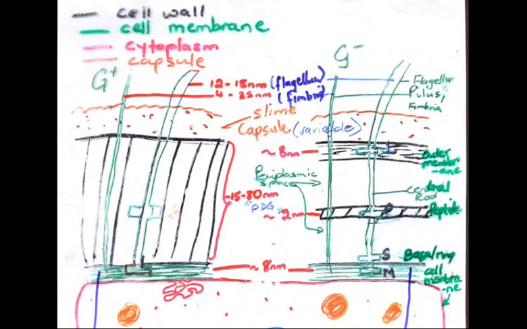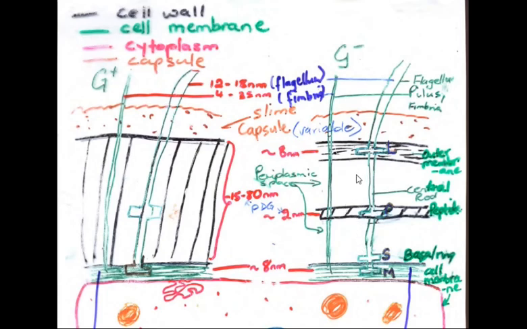Then up here we have the outer membrane, and the outer membrane is 8 nanometers, similar to the cell membrane, 8 nanometers. Now, above and below this peptidoglycan, we have a space.